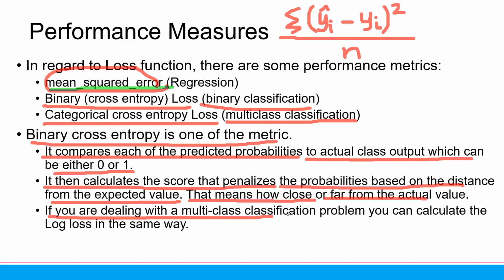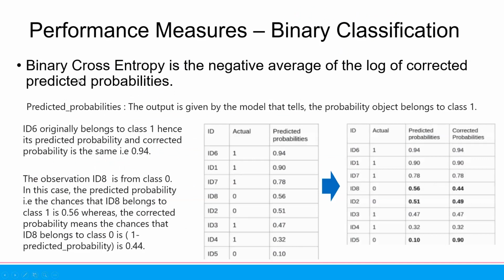If you're dealing with a multi-class classification problem, you can calculate the log loss in the same way. So let's see with an example. We call it the binary cross entropy if it is a problem of binary classification. Do you still remember what is binary classification?